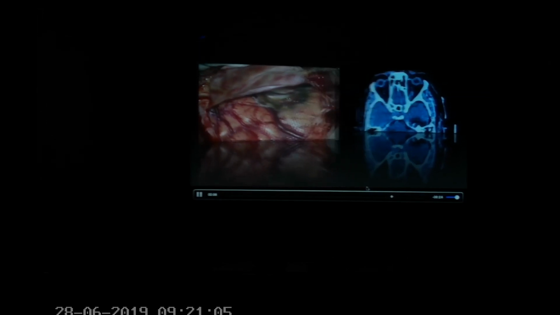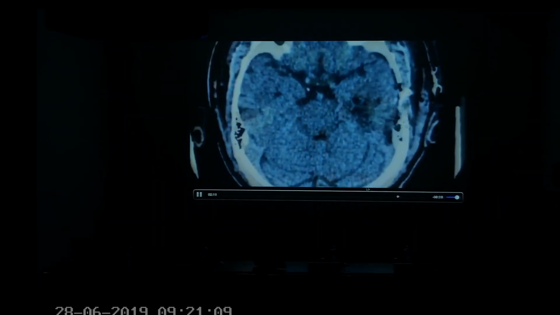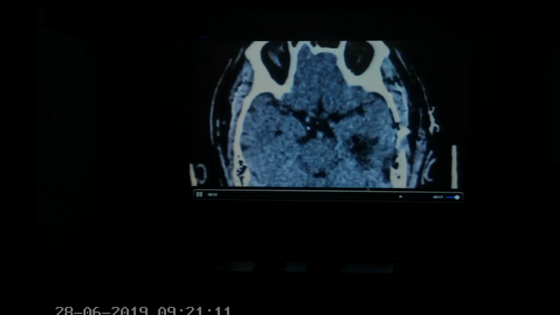This is very short, but it's just to understand this position. This is the CT scan control, and the resection, in our opinion, was very fine, and the patient is very well today.